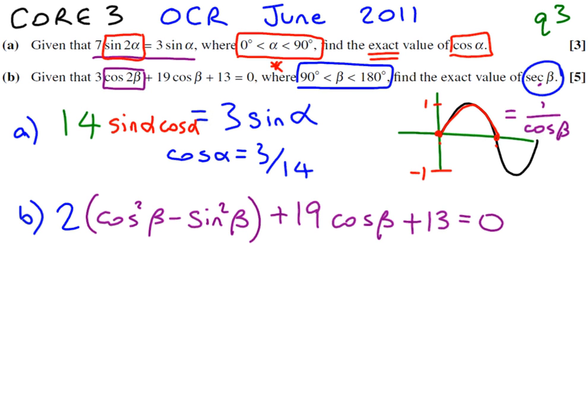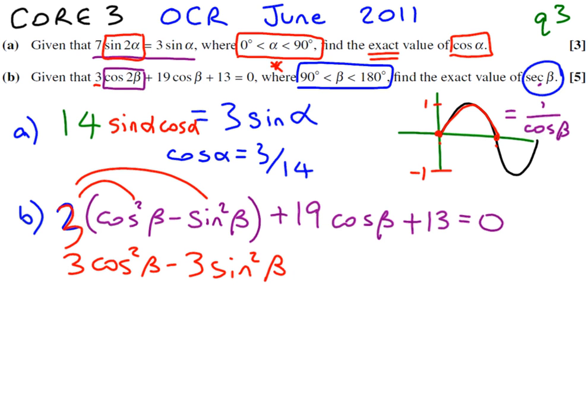Now we want to simplify. We get 3 cos squared beta minus 3 sine squared beta plus 19 cos beta plus 13 is 0.